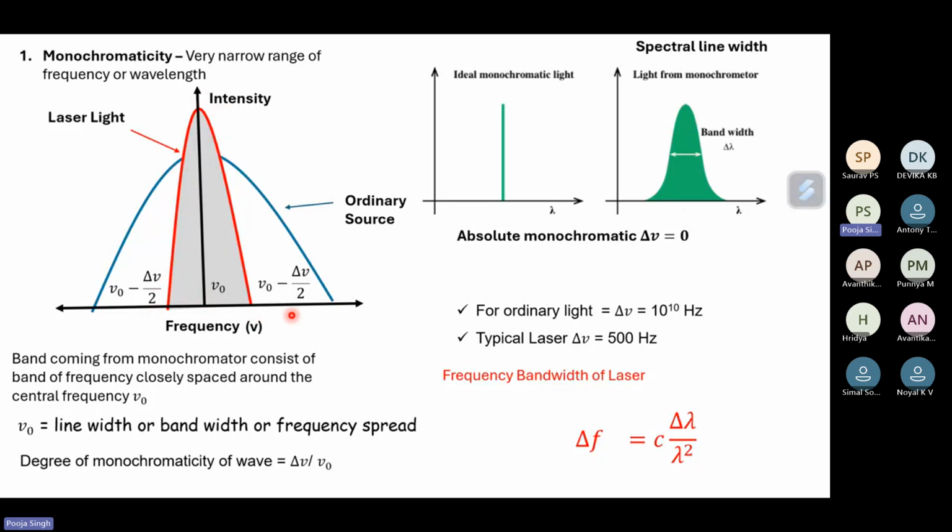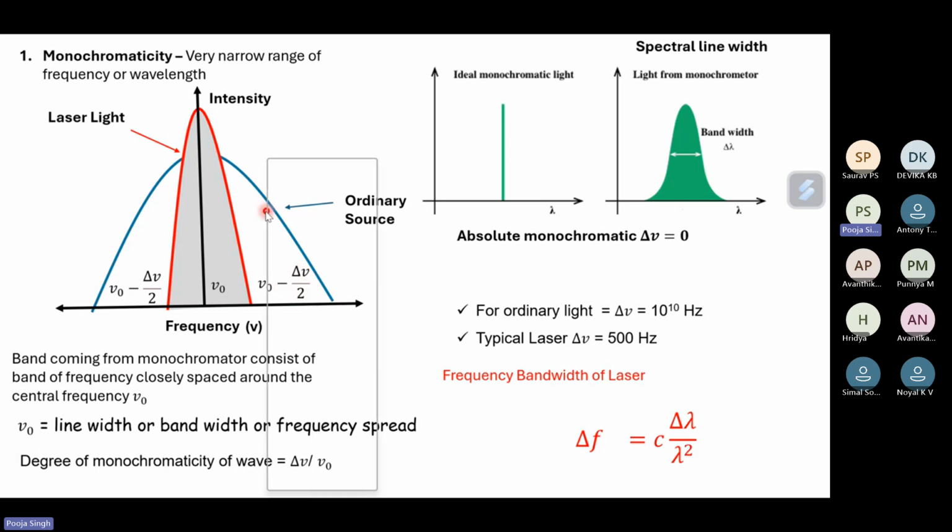So this left and right point indicates how much the variation is from the central frequency. So the central frequency is nu naught, and the variation is nu naught minus delta nu by 2. Sorry, here it will be plus.